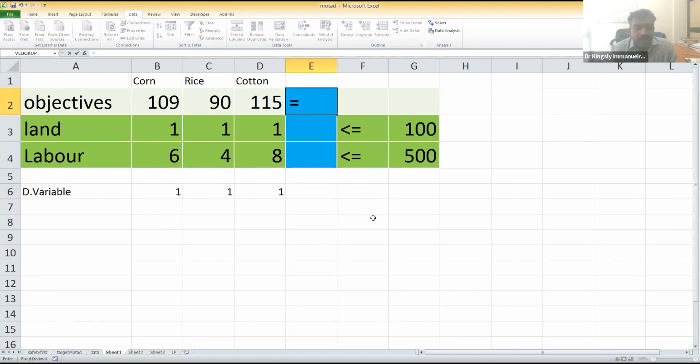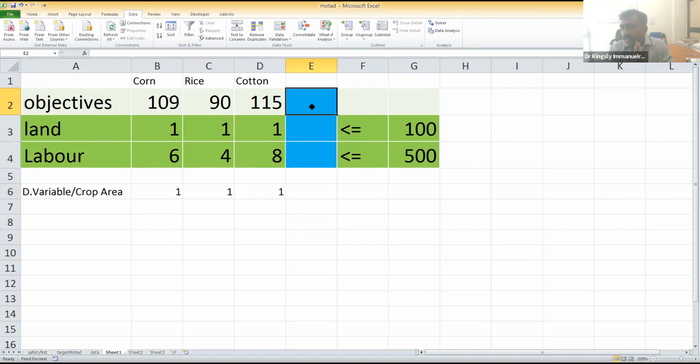So how should I compute it? Let me write decision variable, or in that case, area under the crop. Let us write crop area, for your understanding. We have put 1 hectare under each crop. Now I want to calculate my objective value, that means the total net revenue, and my resource usage.